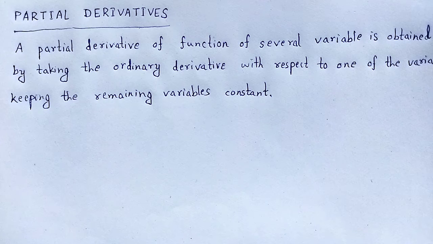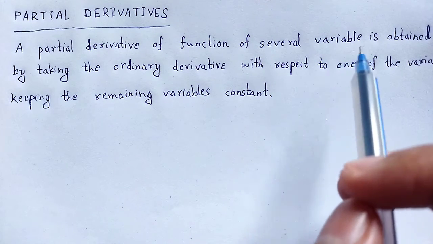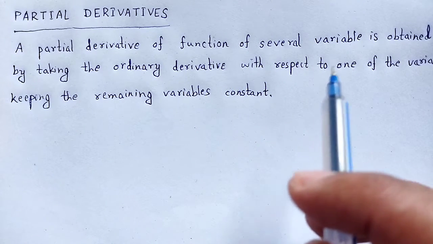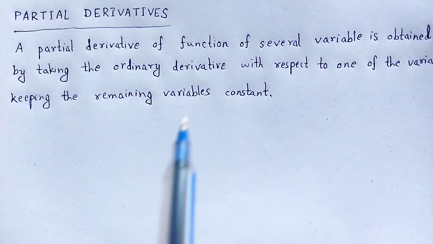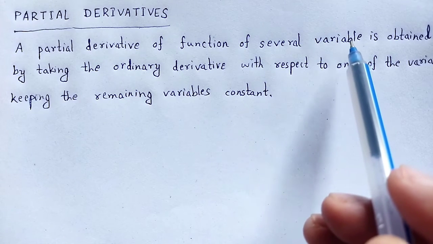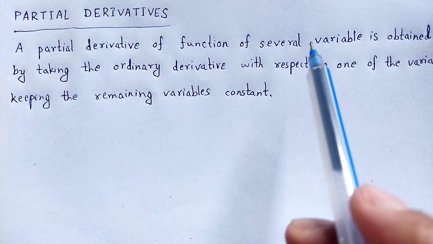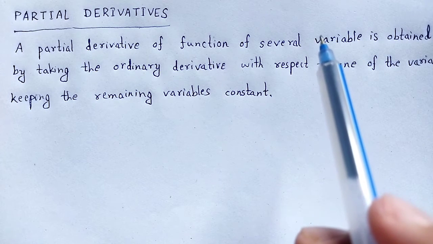Partial derivatives of a function of several variables are obtained by taking the ordinary derivative with respect to one of the variables, keeping the remaining variables as constant. Partial derivatives of functions of several variables means the function is of more than one variable, that is either 2, 3 and so on.